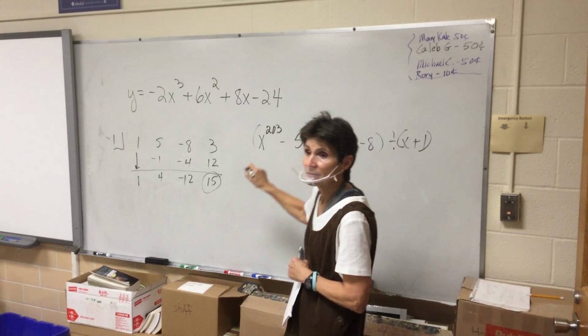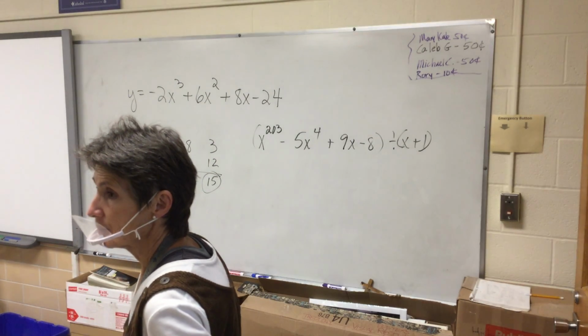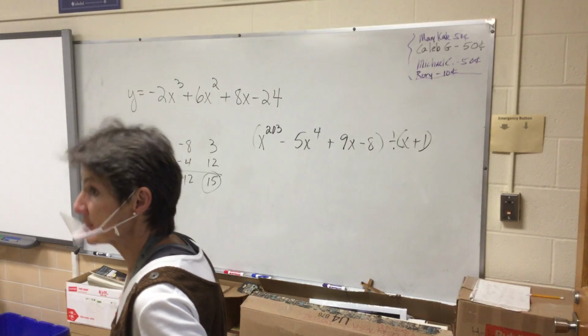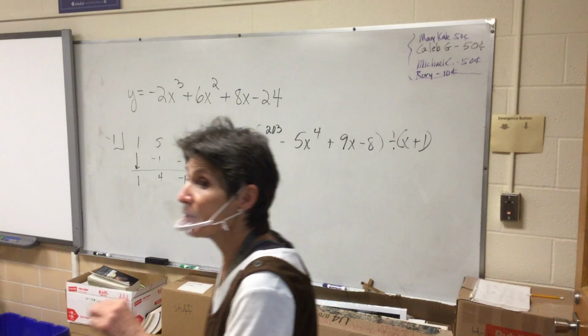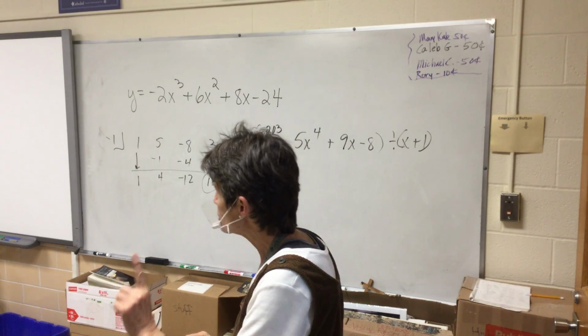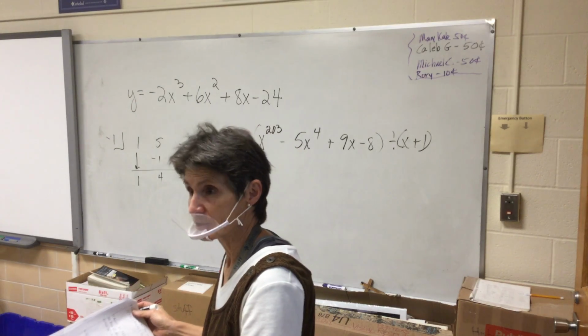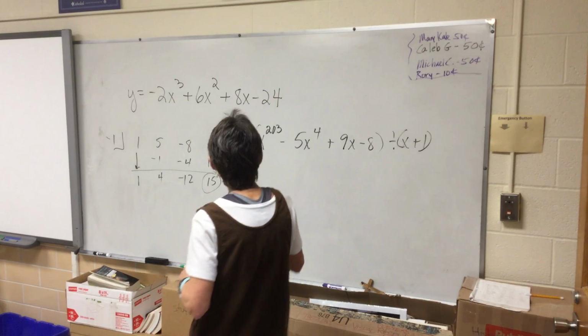That would be inconvenient to divide. Because why? There's a bunch of zeros, right? It's going to take a lot of space. So there is another way. If all you want is the remainder, if all you want to know is whether something is a factor, there's another way to do it.